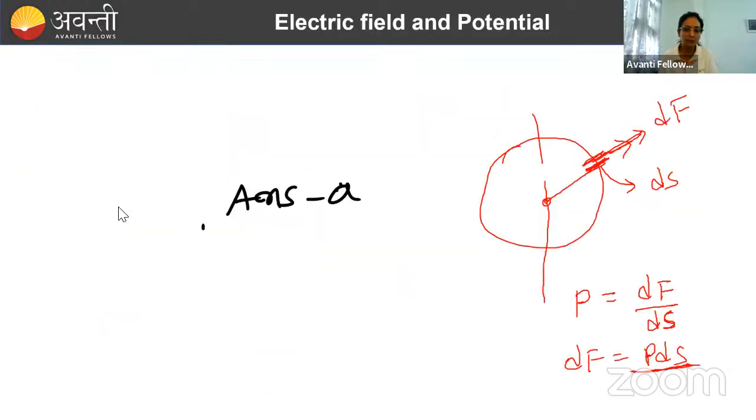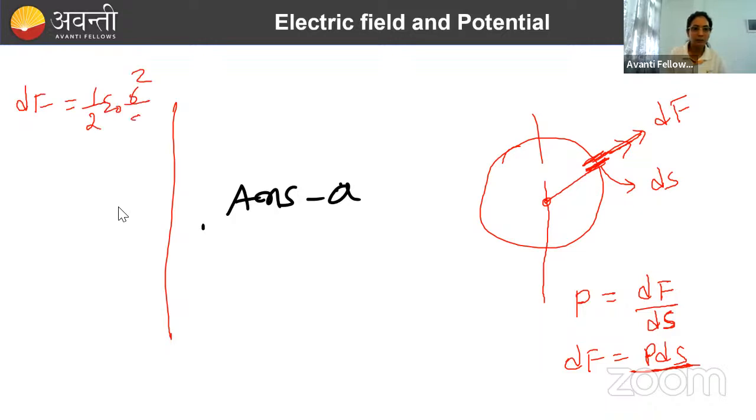Sigma by epsilon naught. So now let's put the value. So let's first see dF value. So P will be how much? Half epsilon naught E square is how much? Sigma square by epsilon naught square into dS. So how much are we going to get? Sigma square by 2 epsilon naught dS.